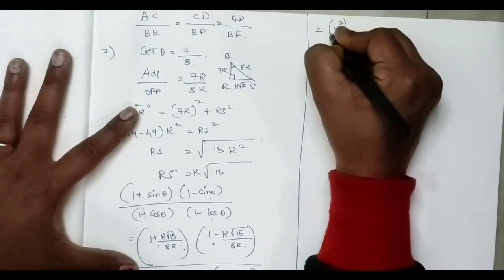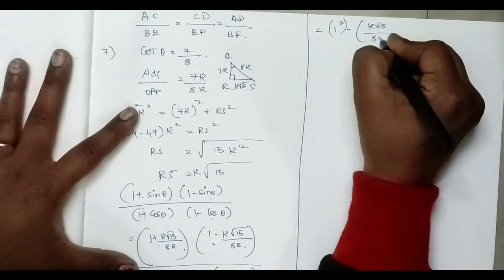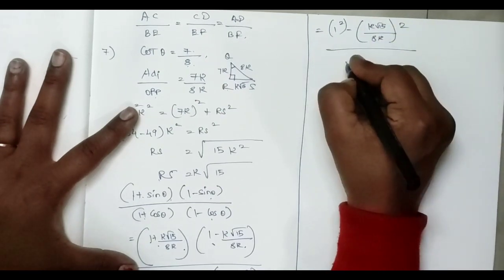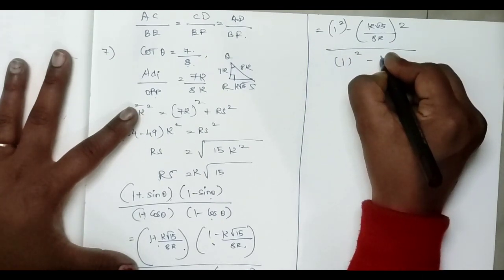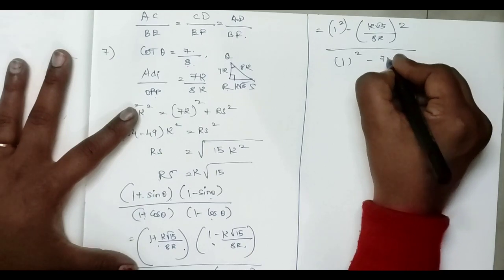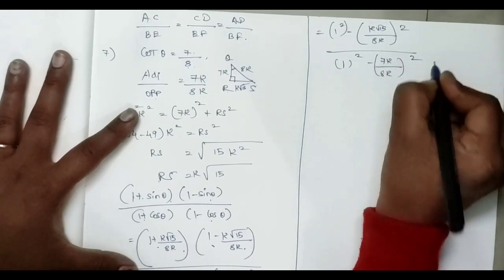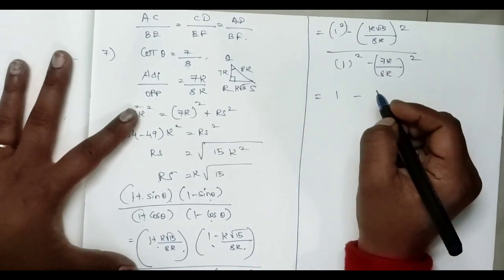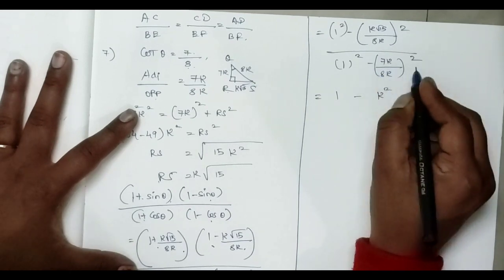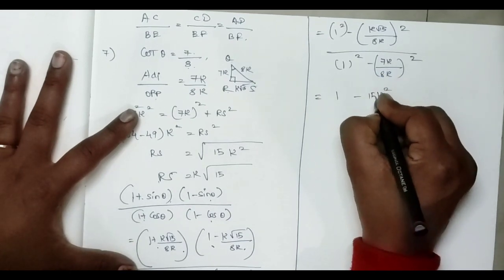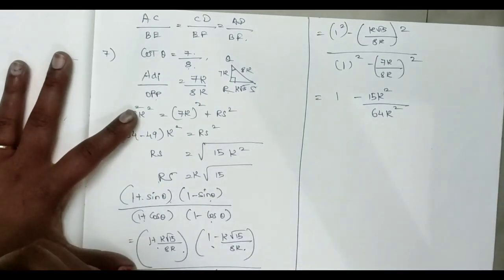1 square minus k root 15 by 8k the whole square divided by 1 square minus 7k by 8k the whole square, which will be 1 minus k square, and root 15 will be 15, and this will be 64 k square.